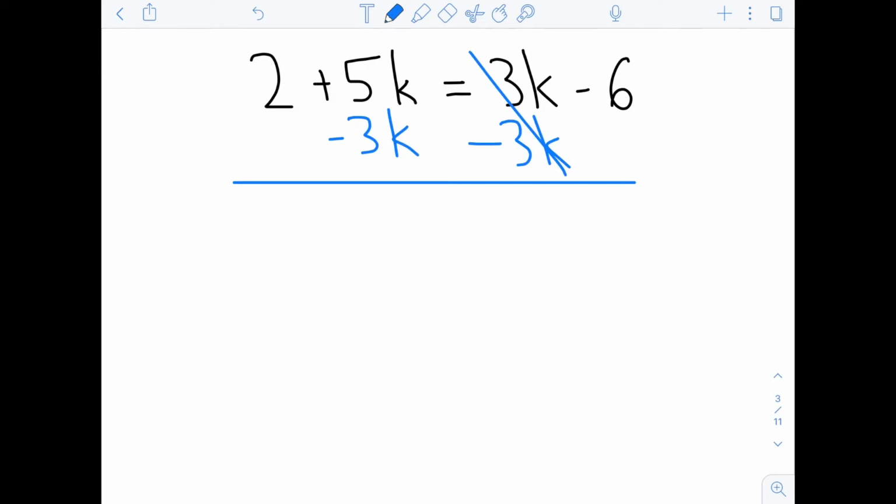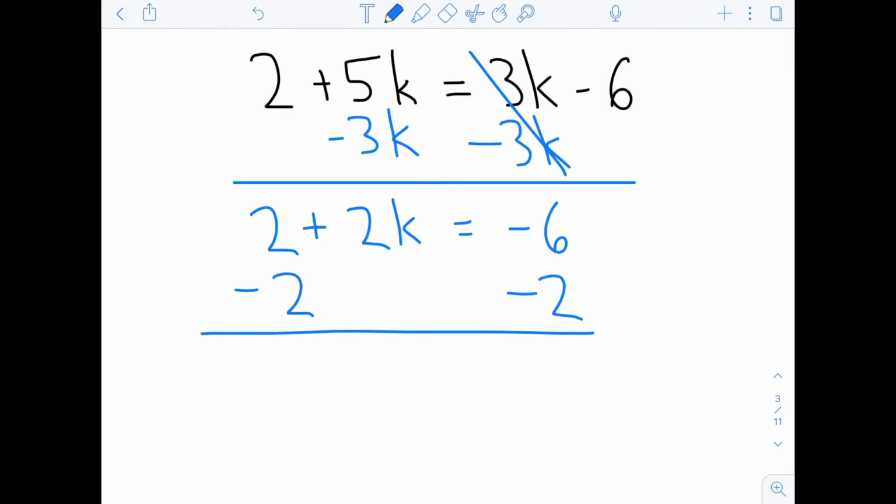And on the left, you'll be left with 2 plus 5k minus 3k, which is 2k, equals negative 6. And now we have a regular two-step equation. So we're going to subtract 2 on both sides to get rid of the addition of 2.